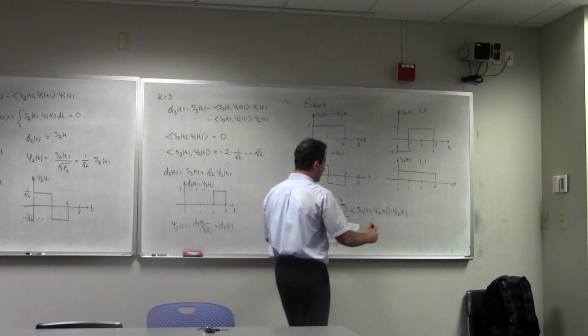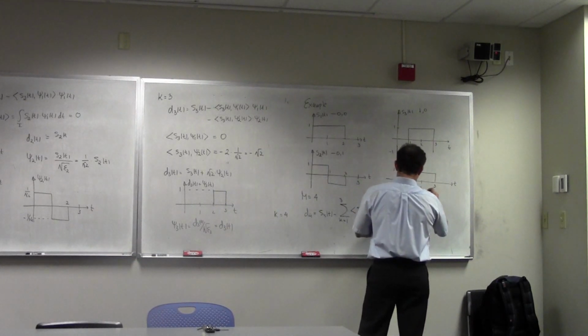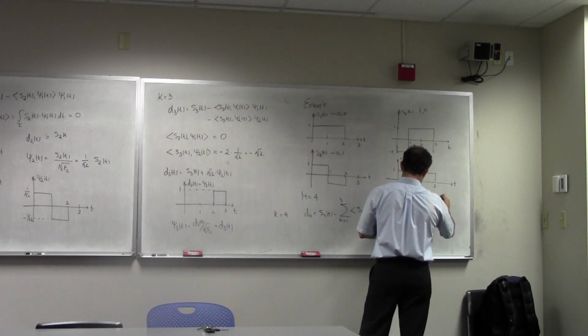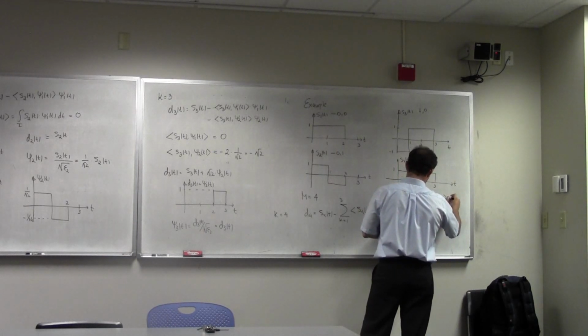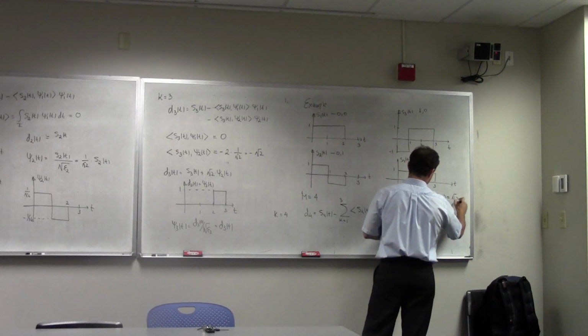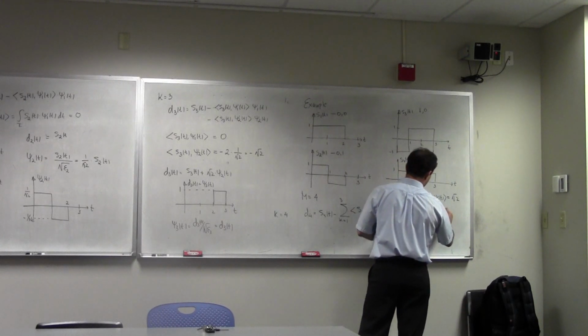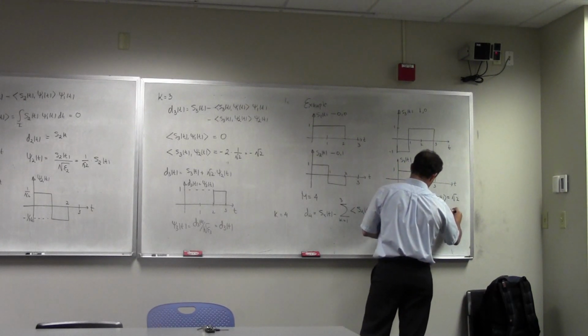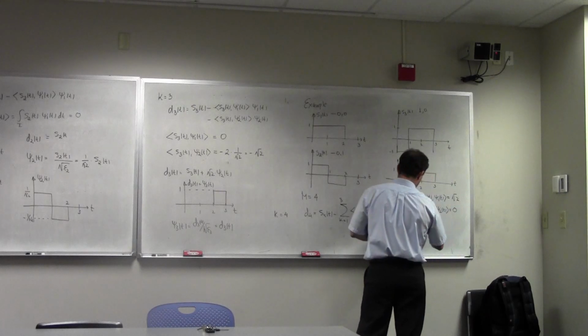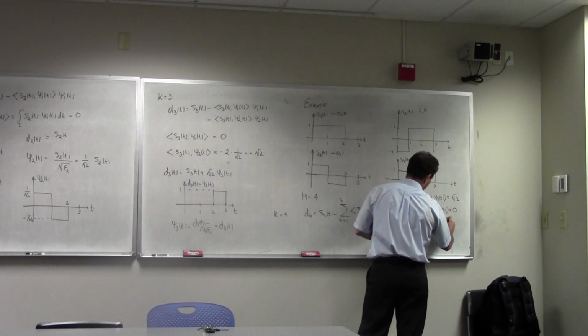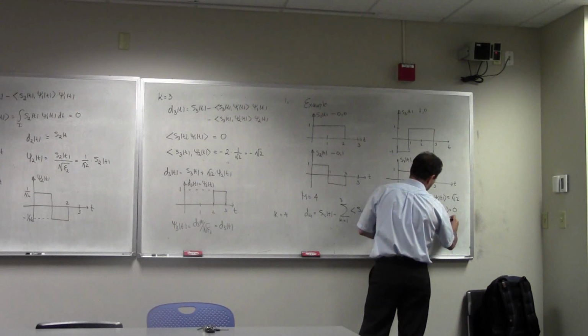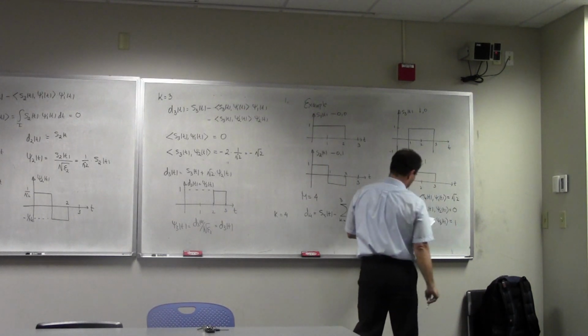If you do these dot products, here's what you get. S4 of t in dot product with psi 1 of t is equal to square root of 2. S4 of t in dot product with psi 2 of t is equal to 0. And S4 of t in dot product with psi 3 of t is equal to 1.